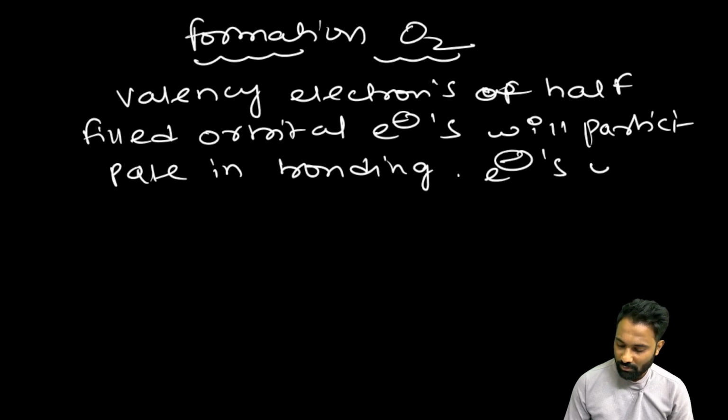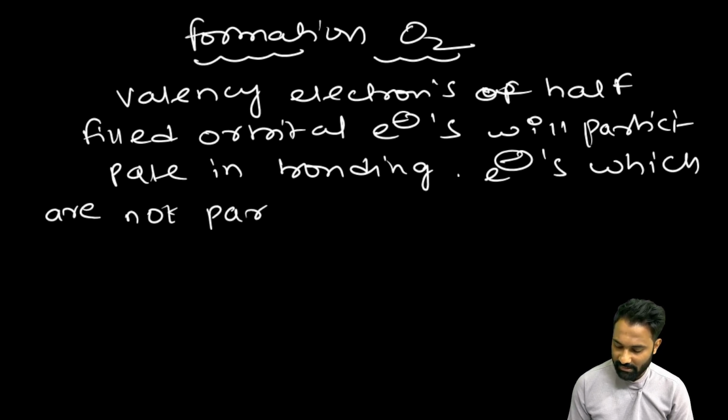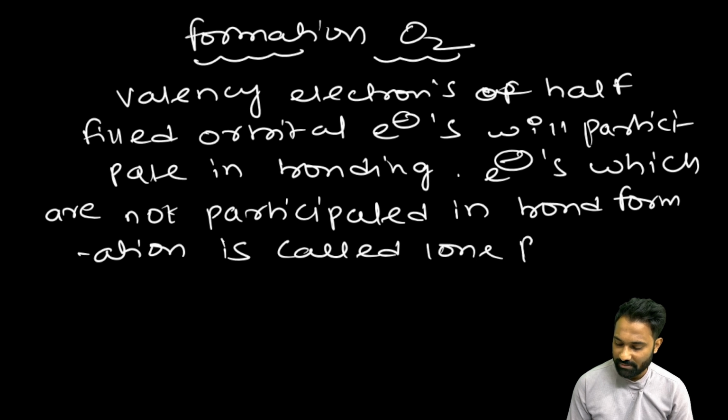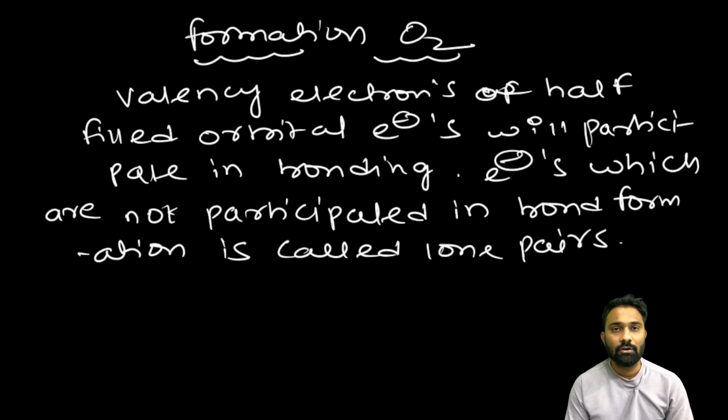Electrons which have not participated in bond formation are called lone pairs. If any electrons have not participated in the bond formation, those electrons we call lone pairs.